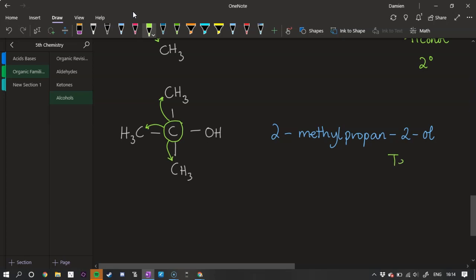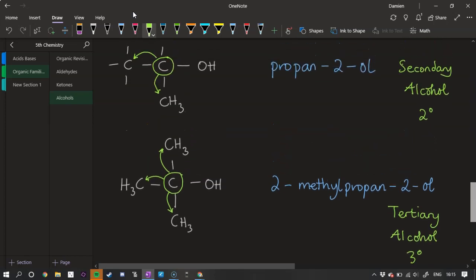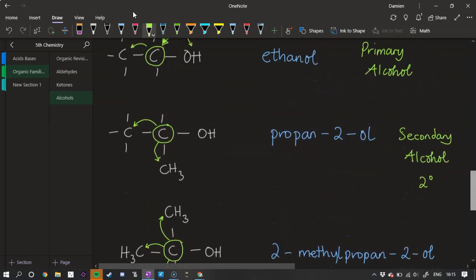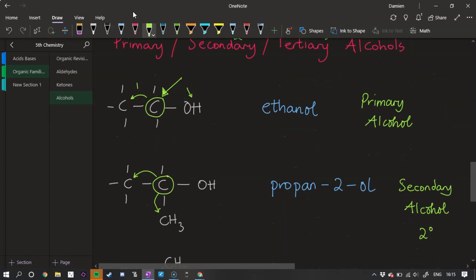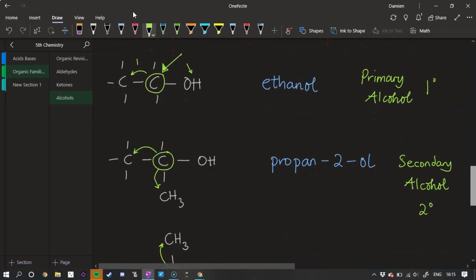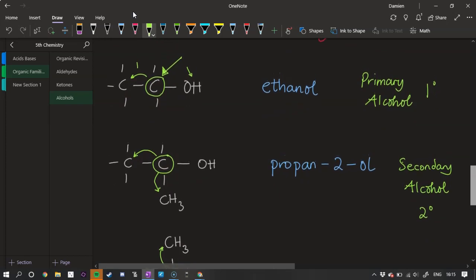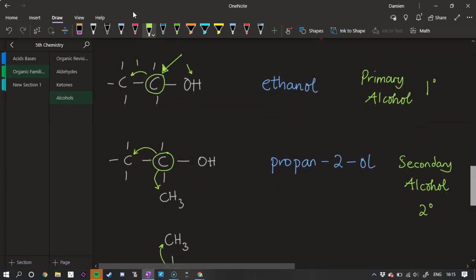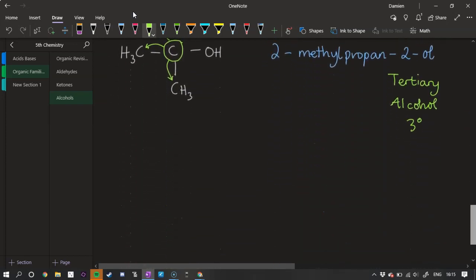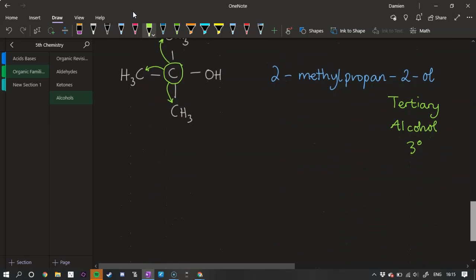And this is tertiary. In one of the next sections that you're going to be studying, carboxylic acids and esters, these primary, secondary, and tertiary alcohols, especially primary and secondary, are really important, because primary alcohols will react in one way and secondary alcohols will react in another way. So there's your three main examples.